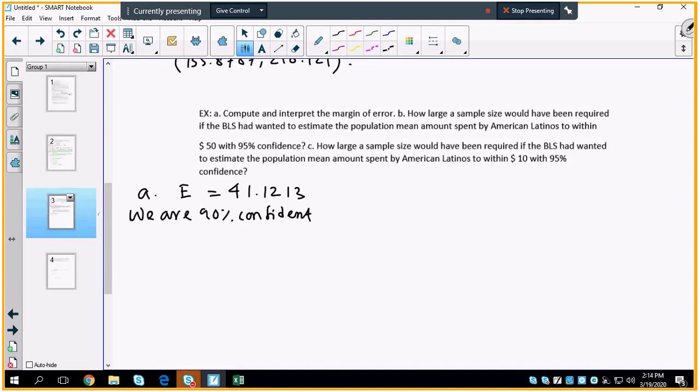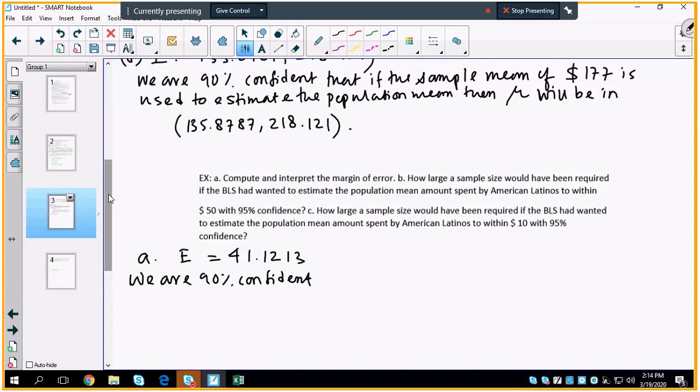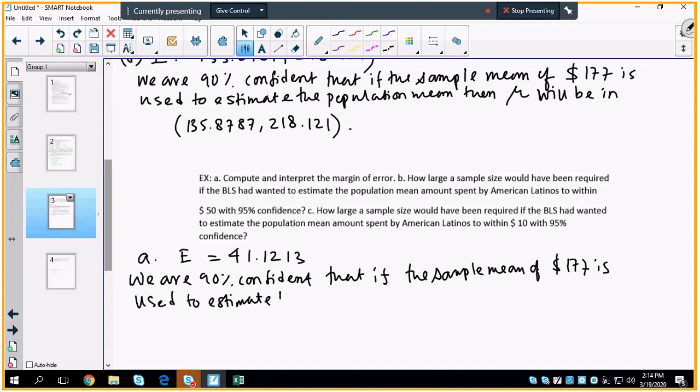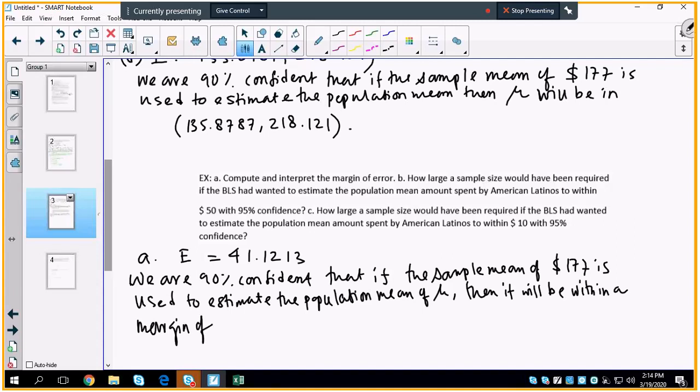So pretty much the same language that you have used for the interpretation of the confidence interval, that if the sample mean of $177 is used to estimate the population mean of mu, then it will be within a margin of the margin of error.